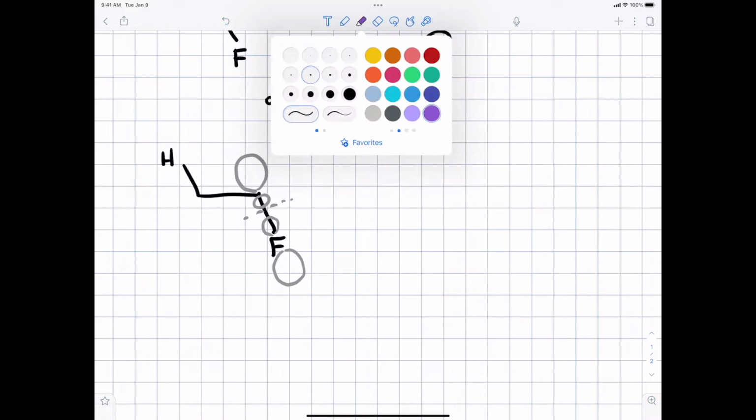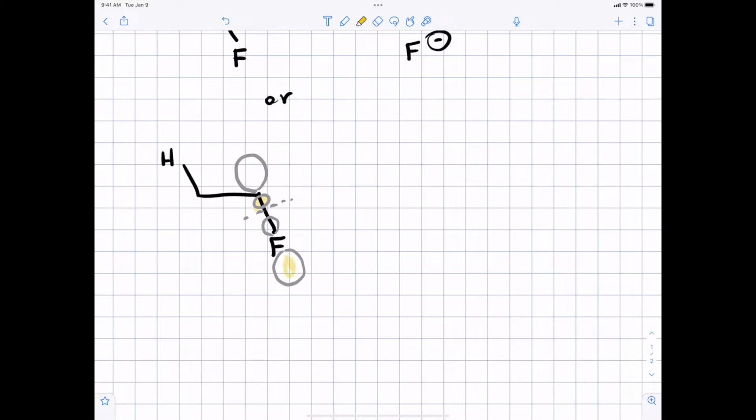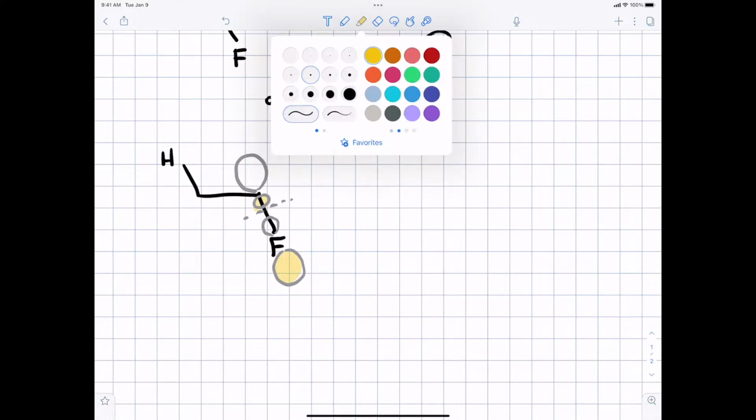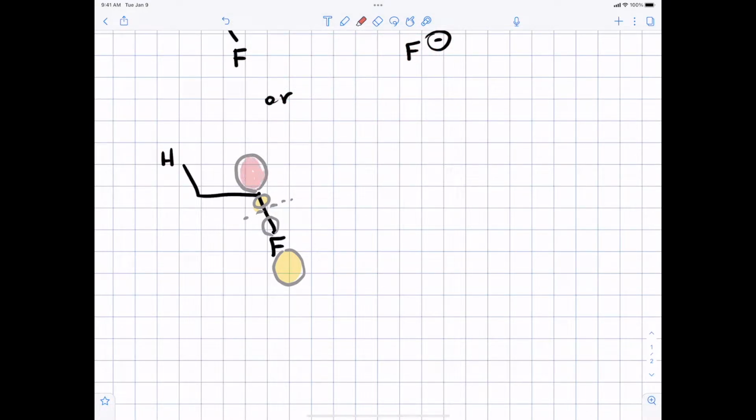Does that look familiar? Have we talked about sigma star anti-bonding orbitals before? Sort of. Okay. I'm going to use color for the phase relationships.